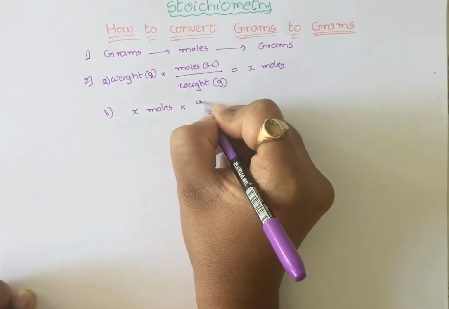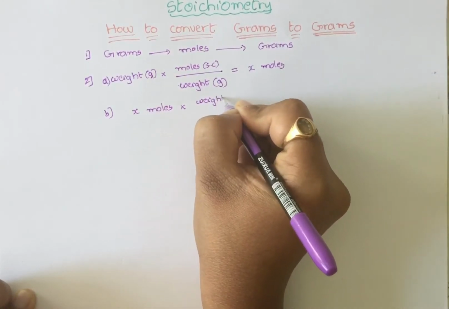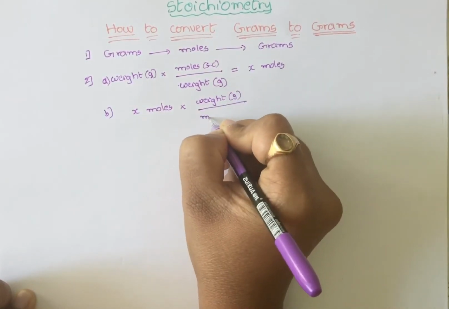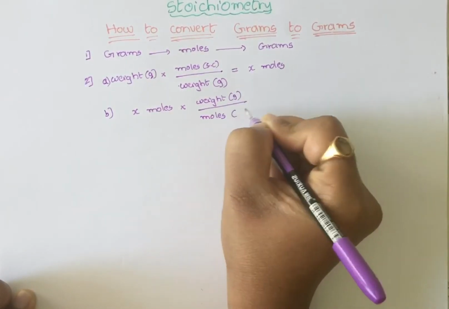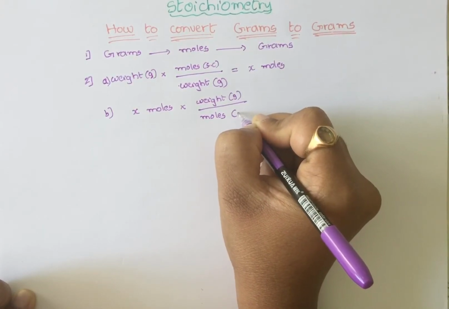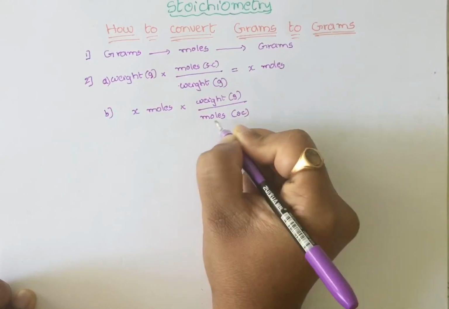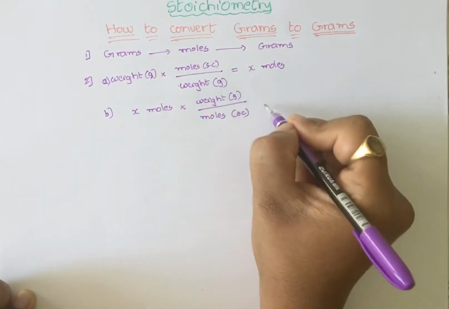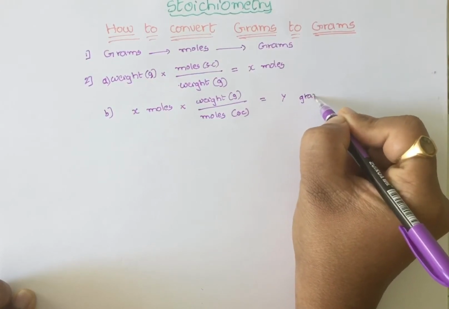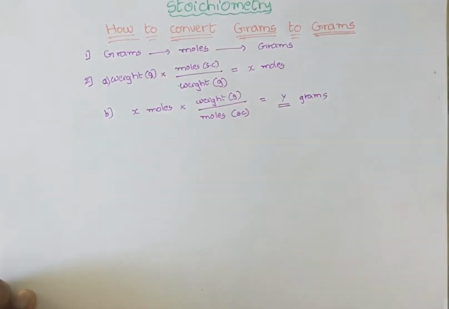Take its weight, meaning its gram molecular weight in grams, divided by moles, which is nothing but the stoichiometric coefficient that you will see in the balanced equation. So moles will get cancelled and you are going to get y grams. This is your answer. So y is your answer.